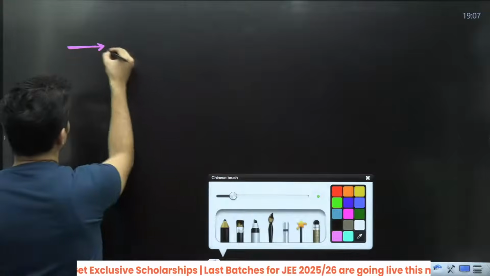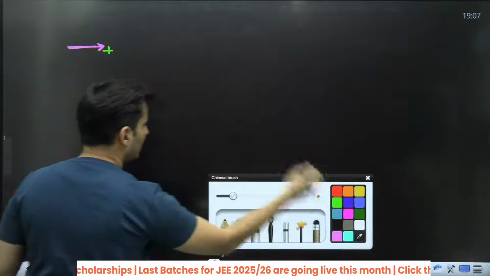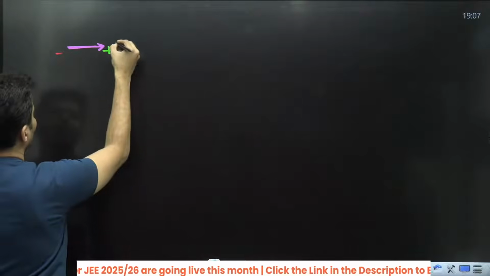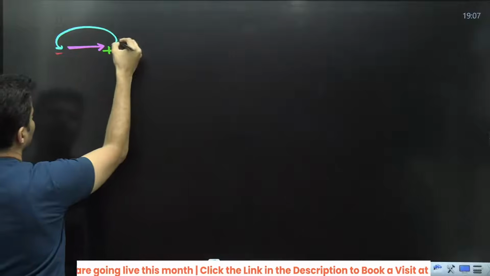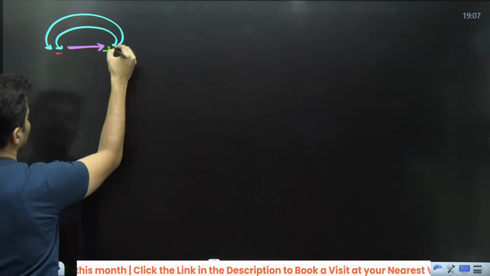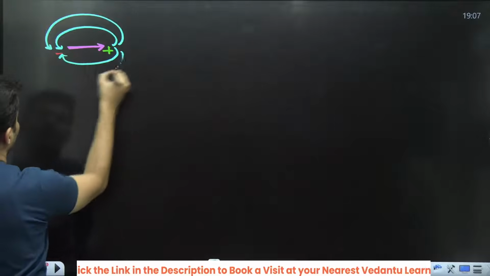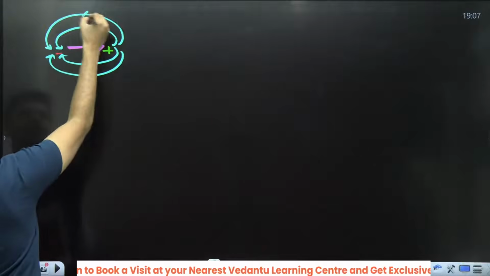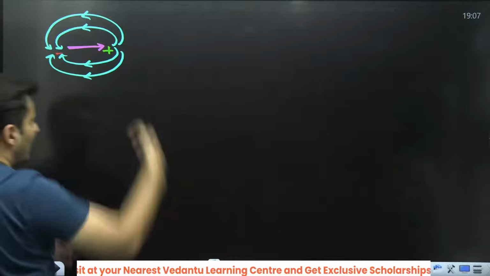This was your positive, this was your negative. The electric fields go something like this, like this. You can see it's going opposite to the dipole moment, roughly backwards.